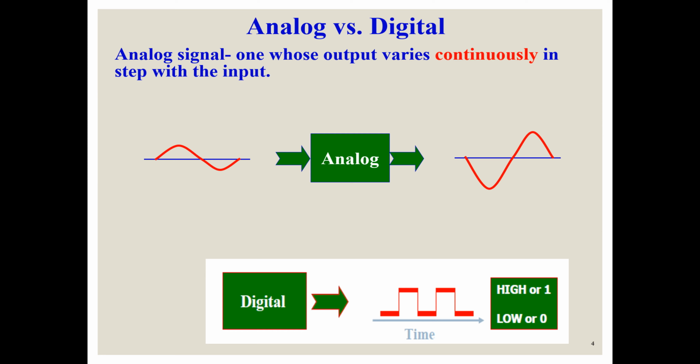It is a signal which varies continuously with respect to time and also with respect to the input signal which you have given. So an analog signal is one whose output varies continuously in step with the input signal. Whenever you give some input, it varies depending upon the input signal. That is called an analog signal.